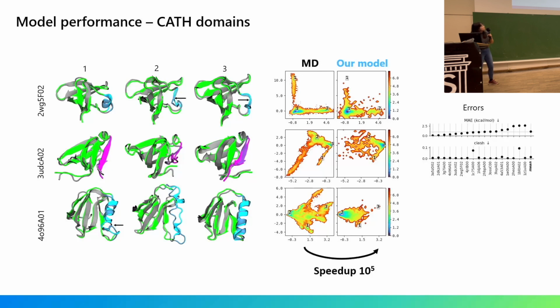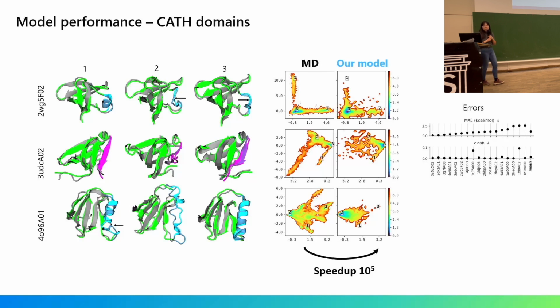On the right, this is a bit small, but we have some statistics of the test set, and we achieve a mean absolute error on the CATH domains below 1 kcal per mole. We also achieve a pretty small percentage of clashes, which are unphysical samples generated by the model, only about 2 to 3%.